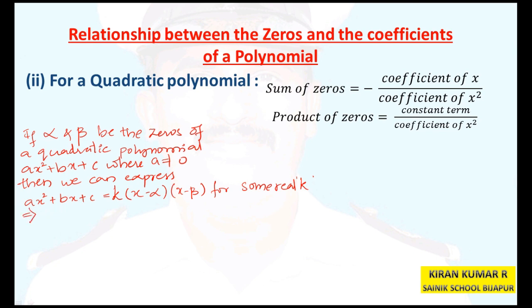This implies ax square plus bx plus c is k times x square minus alpha times x minus beta times x plus alpha beta, which is nothing but k times x square minus, you can take x common, alpha plus beta plus alpha beta.